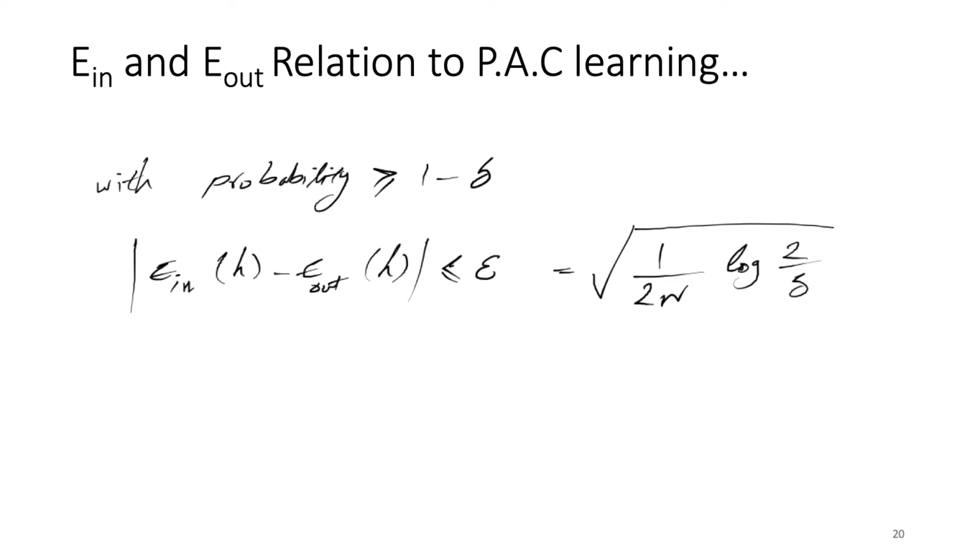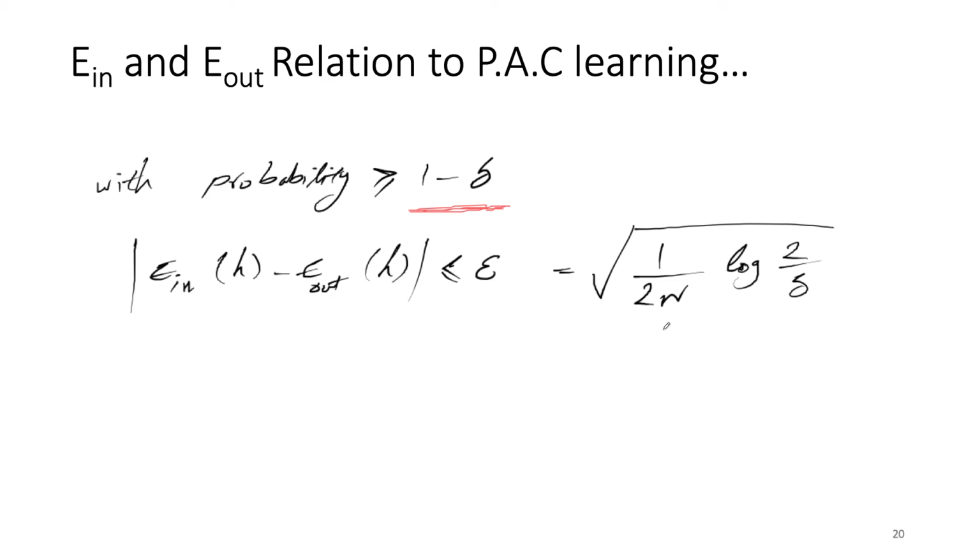And plug in the confidence intervals. So we can say that with probability greater than 1 minus delta, these two are close to each other within an epsilon, and that value of epsilon could be this. Okay?